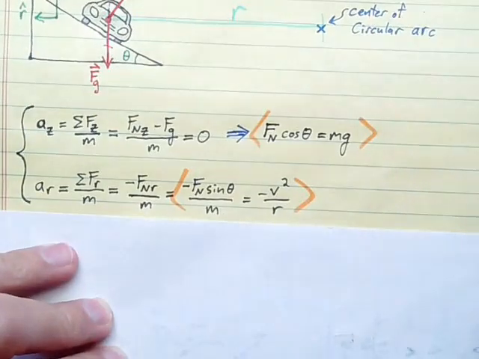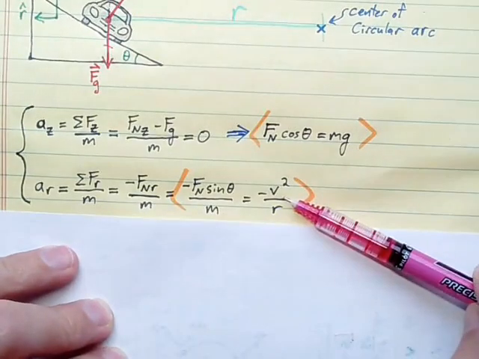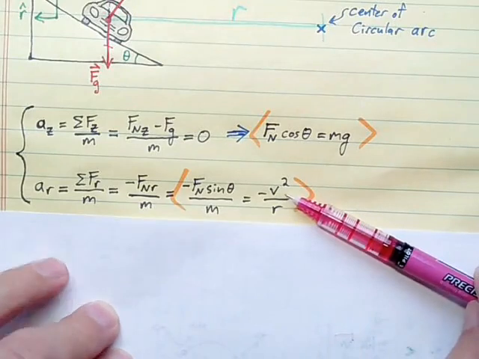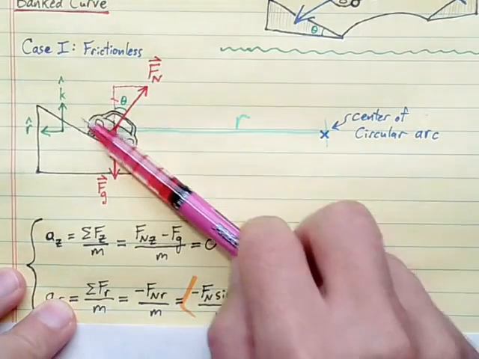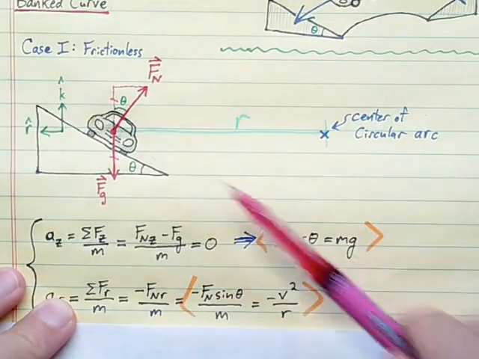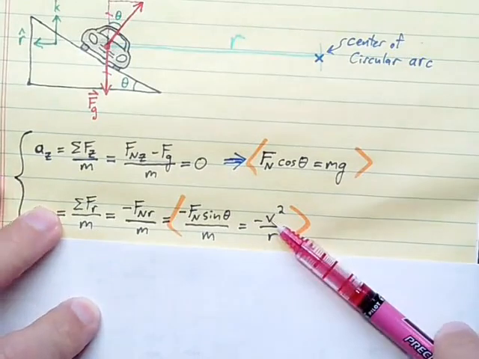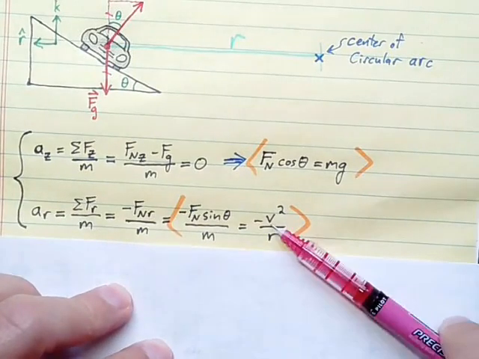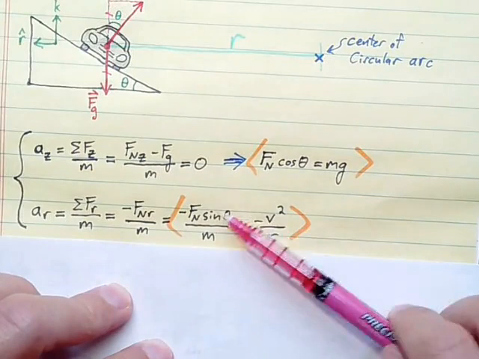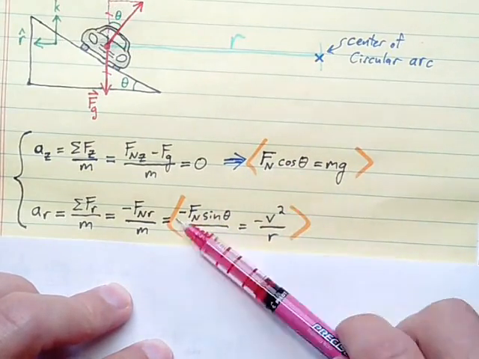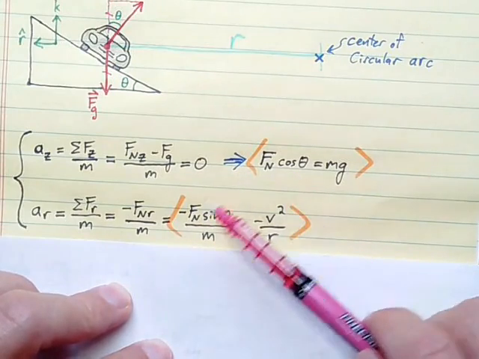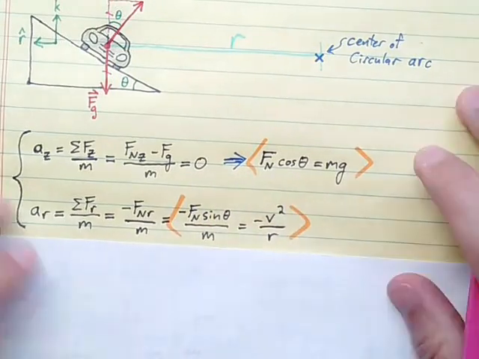There appears to be one and only one special speed at which that's possible, one speed at which you can take this turn on a frictionless ramp without sliding up or down the ramp. We can tell there's only one solution because everything else in here is a constant. This normal force must be the same. So between these two equations, if we eliminate the normal force, we can solve for our speed. Let's do just that.